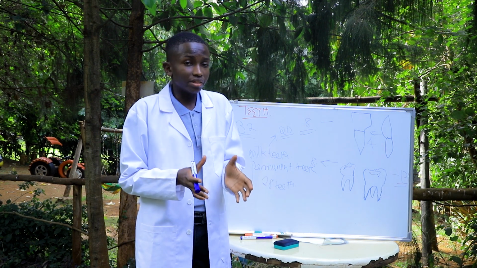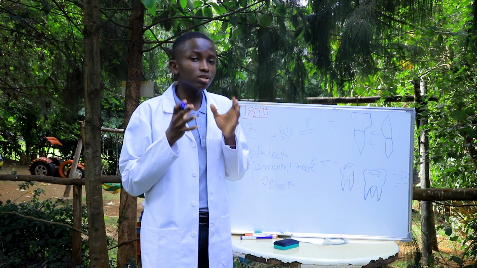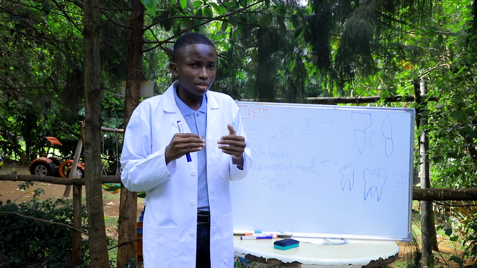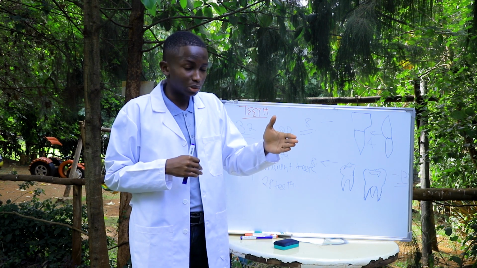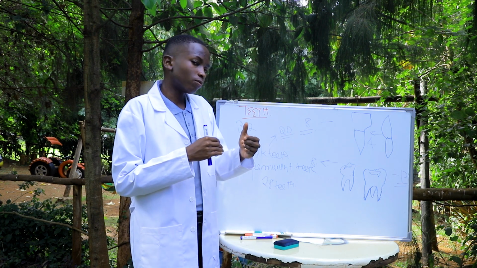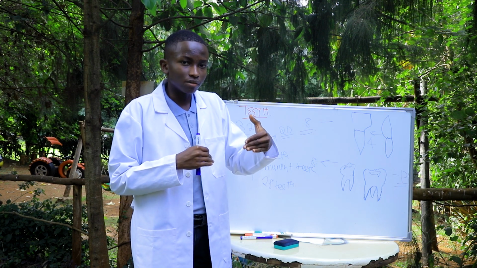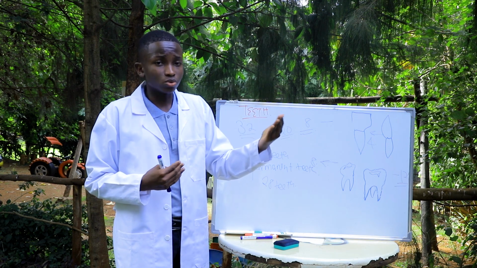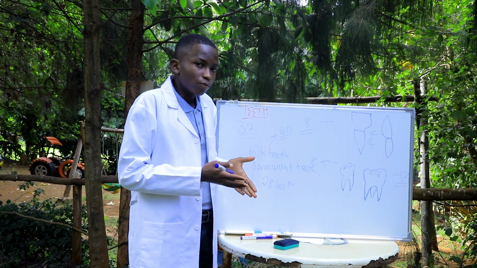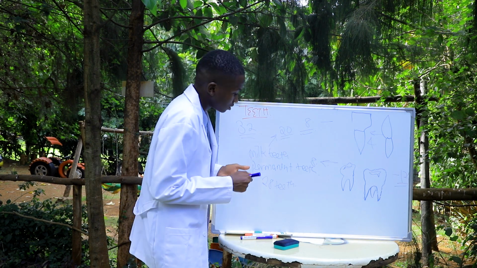There are these 4 teeth that have not grown, and these 4 teeth are the molars. And the molars will grow until you fully become an adult. These molars will grow from that age of 16, 17, maybe all the way to 20, 21, and even all the way to 25. Those 4 teeth are referred to as wisdom teeth.